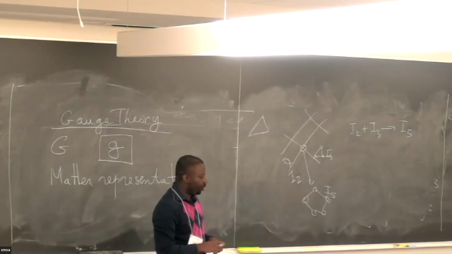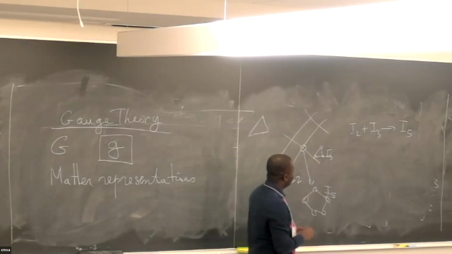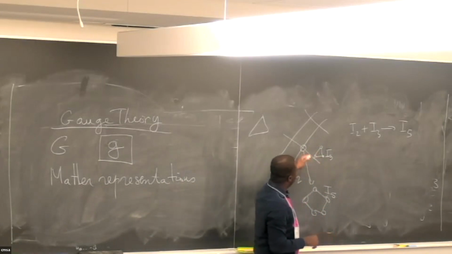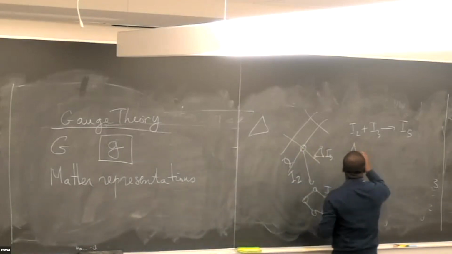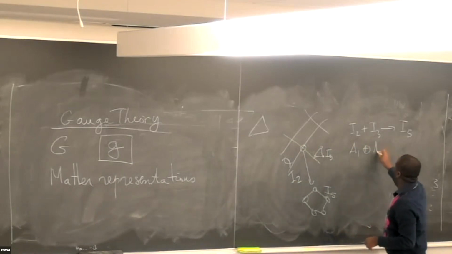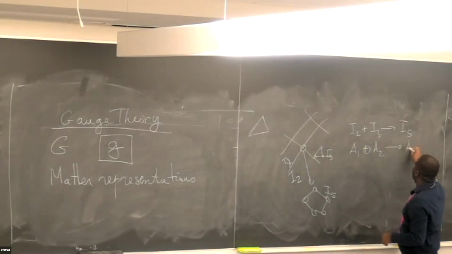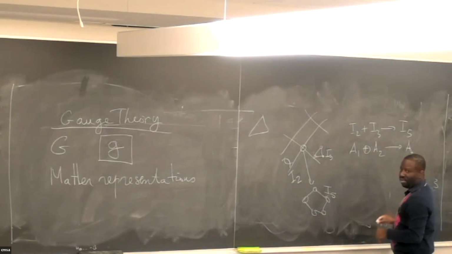a beautiful proposal to actually try to understand how you see matter from this. So, for example, what you have here is very much A1 plus A2 inside an A4.